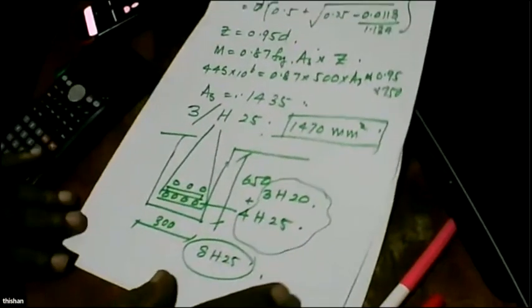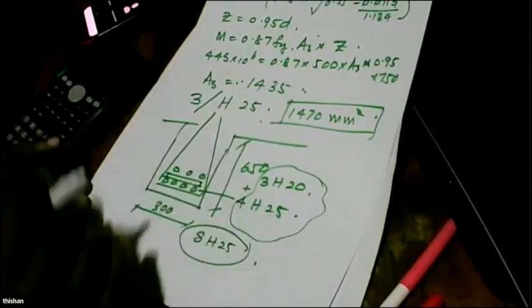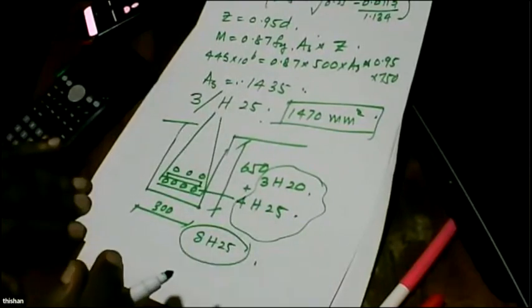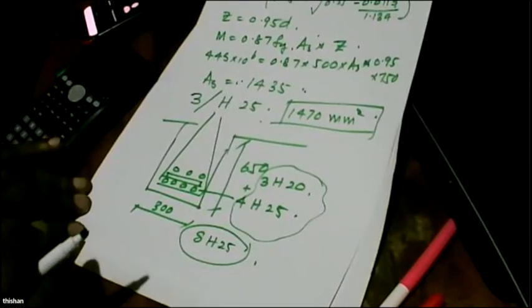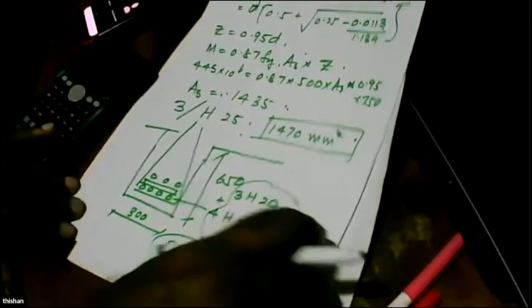If you consider all the loads accurately, because I have ignored some of the knife edge loads and so on, you might end up with something like 8H25 in the beam. So if you look at the situation, you will have a bridge having a precast beam of 650 wide, 300 deep.